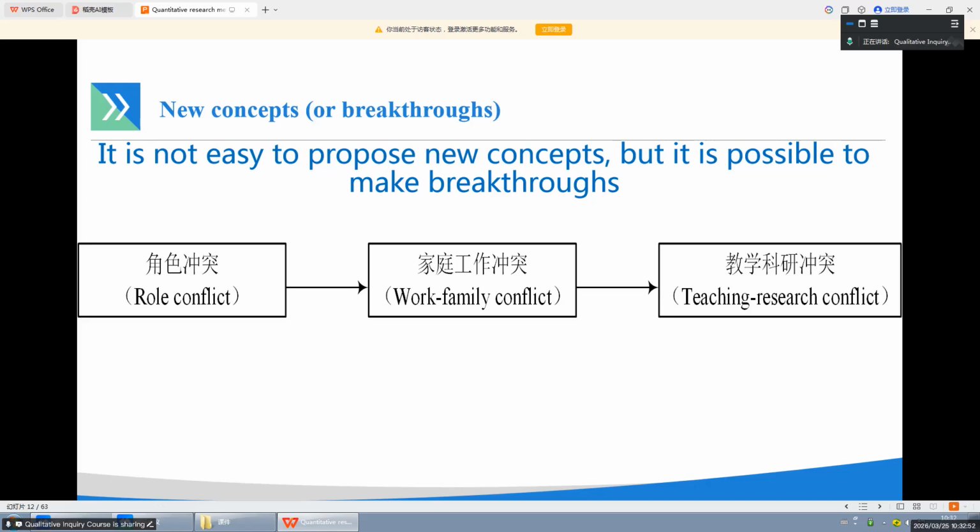But in the other case, if your performance does not meet the requirements, what? You have to leave, right? You have to leave. Imagine the situation for this young faculty.